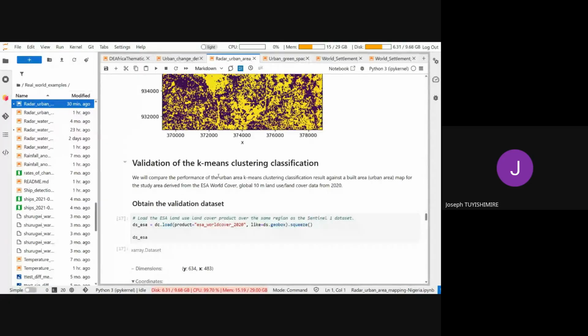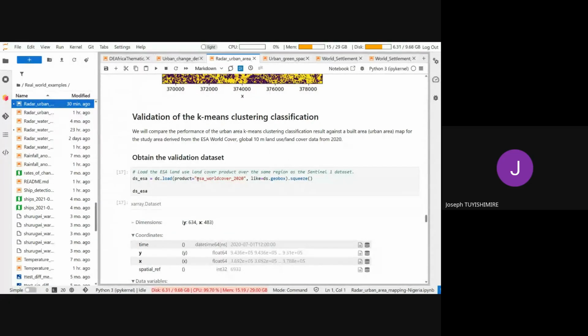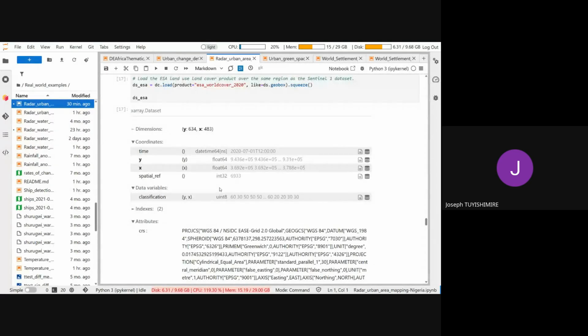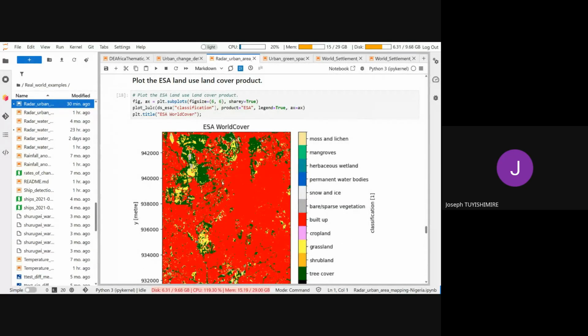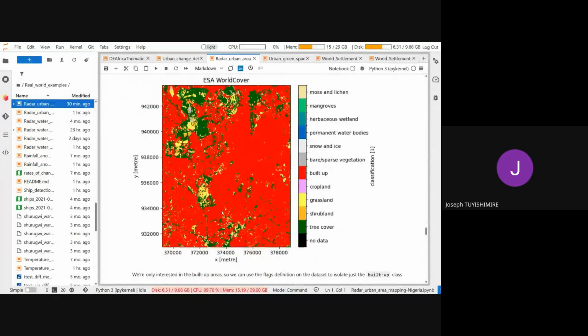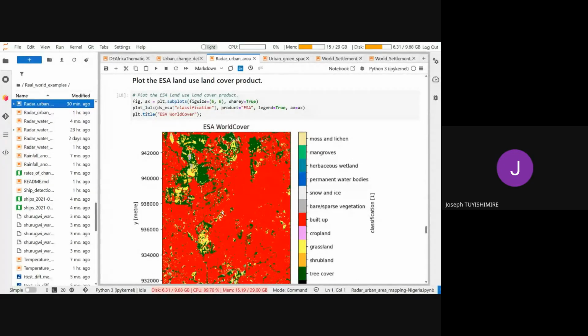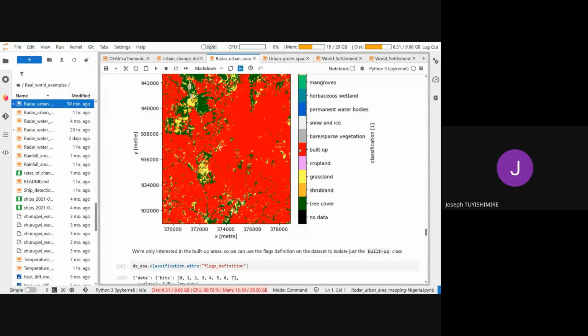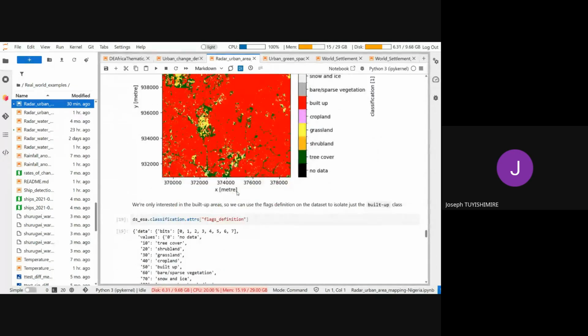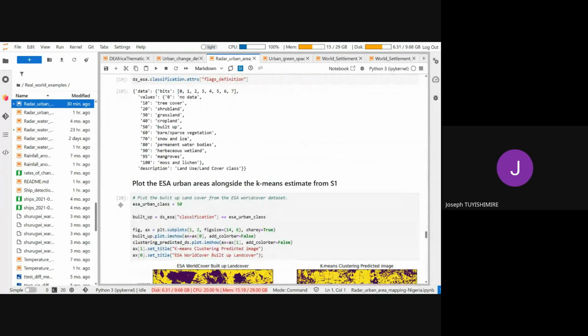Then you can validate using the European Space Agency land cover 2020, and this is the land cover map for the study area. Then we validate using the class known as built-up. The built-up class code is 50. That's why we'll be using it.